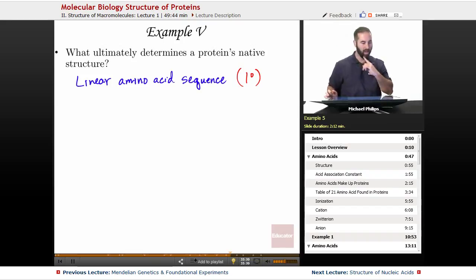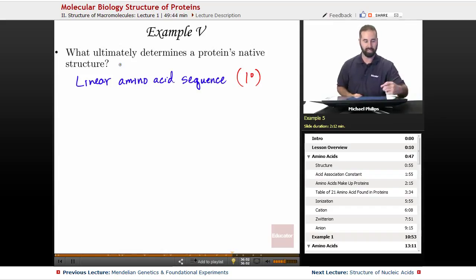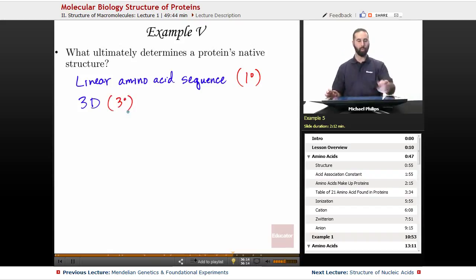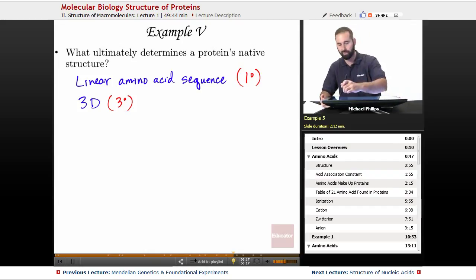Okay. Now, what else will determine a native protein structure? Well, when we're talking about protein native structure, what are we even talking about? Tertiary structure, right? So this question is asking what determines our tertiary structure. And what is our tertiary structure? That's the overall 3D, the total 3D depiction of it. So the answer to what ultimately determines a protein's native structure is its linear amino acid sequence.